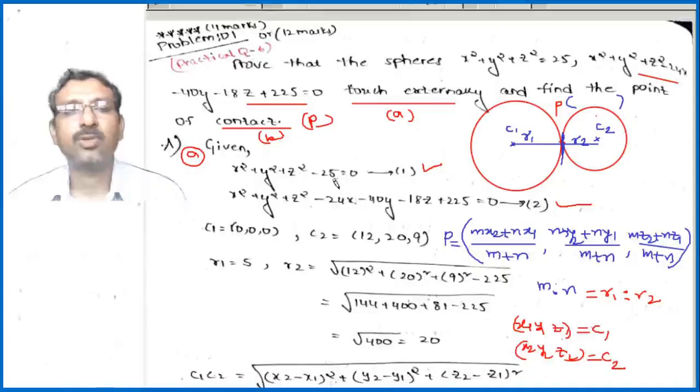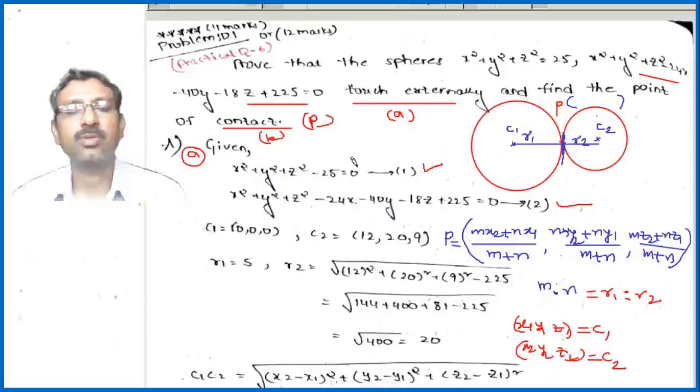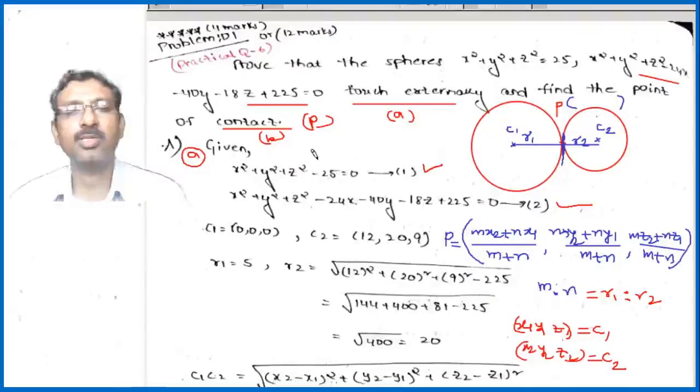So writing the centers. Here the origin is the center of the first sphere. Why? Because here the x, y, z terms are 0, therefore u, v, w are 0.